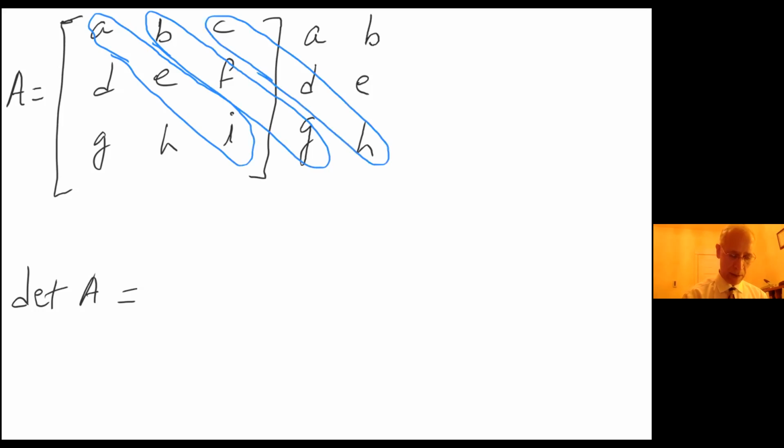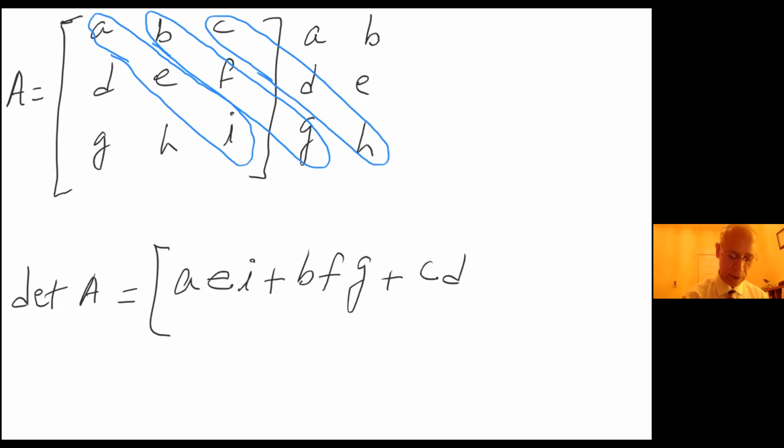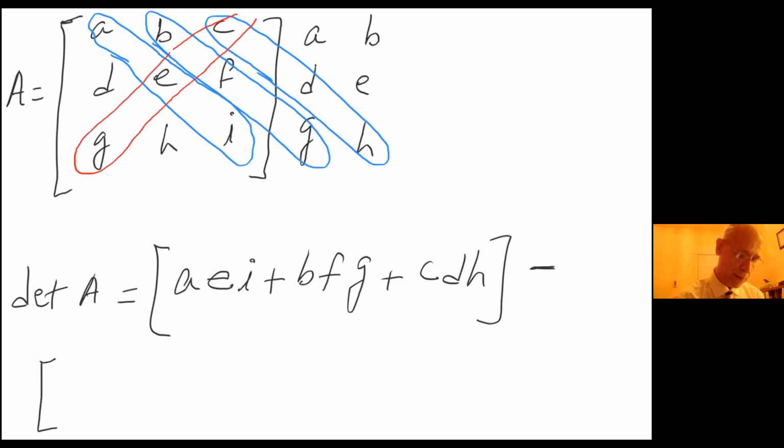And so determinant of A equals the product of A times E times I plus B times F times G plus C times D times H, all that minus now the product of these diagonals with three members.